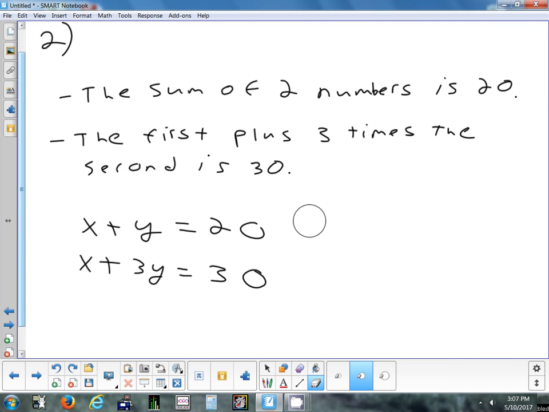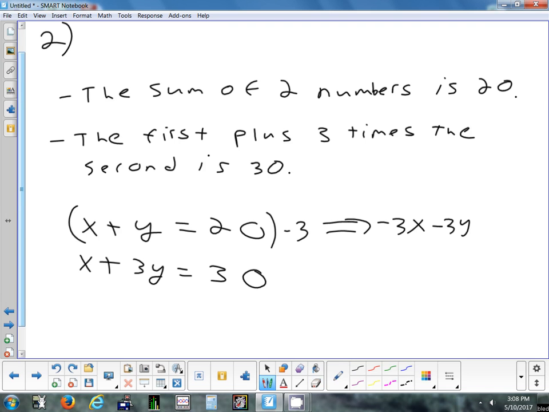So actually, you have a lot of choices, but what could you multiply equation 1 by to cancel out when you add it to equation 2? Yeah, if you wanted to cancel the y's, you could multiply by negative 3. So that would give you negative 3x minus 3y equals negative 60, and x plus 3y equals 30.